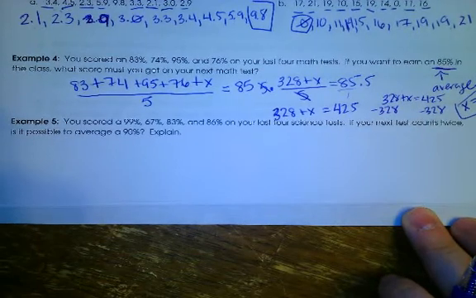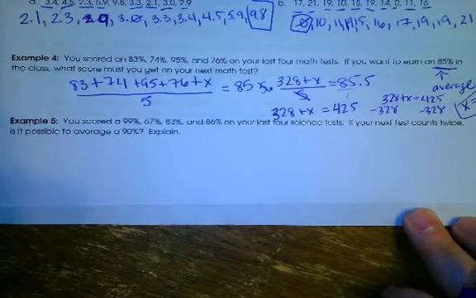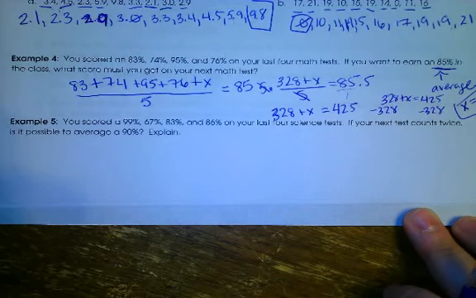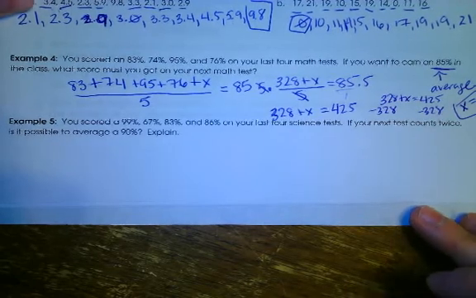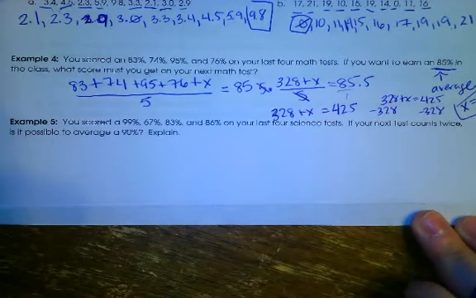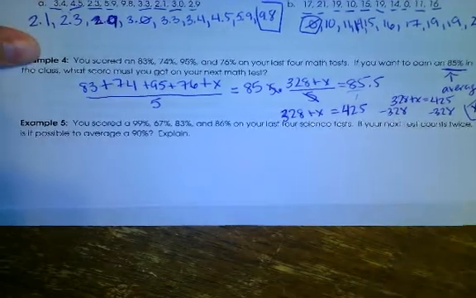Okay. You scored a 99%, a 67%, an 83%, and an 86% on your last 4 science tests. If your next test counts twice, is it possible to average a 90%? Explain. Well, let's look.